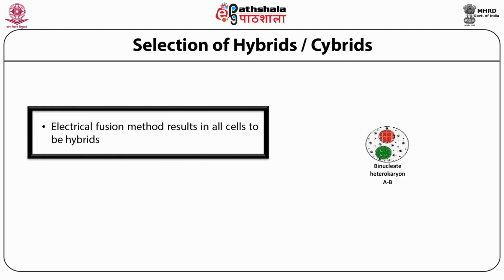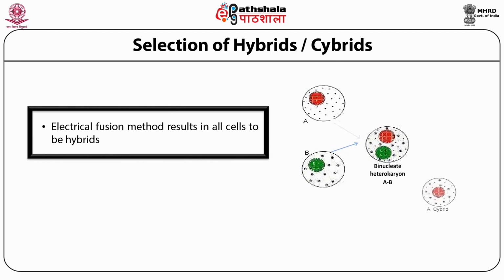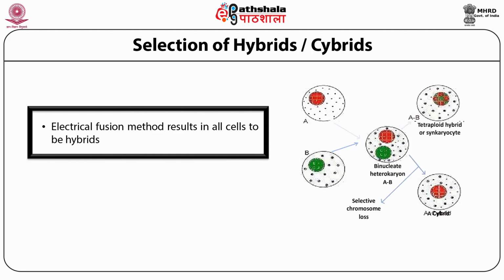As I have said earlier, you have to identify ultimately these hybrids or cybrids, homokaryons, heterokaryons that are formed through fusion of somatic cell protoplasts. Whenever you are using any chemical, you get lots of plants, lots of hybrids which are just of the parental type, because there will also be a tendency to fuse among themselves.